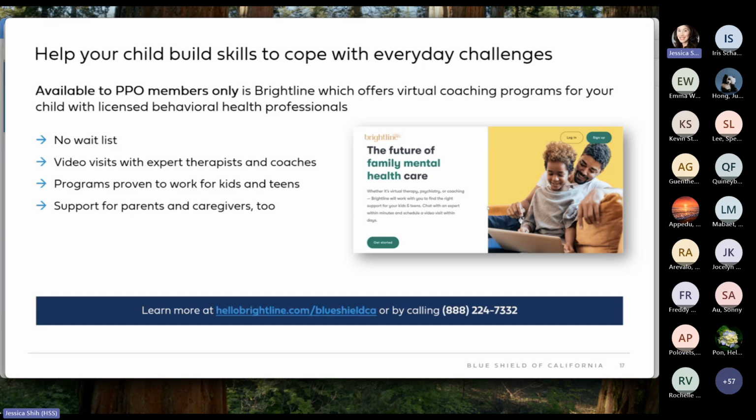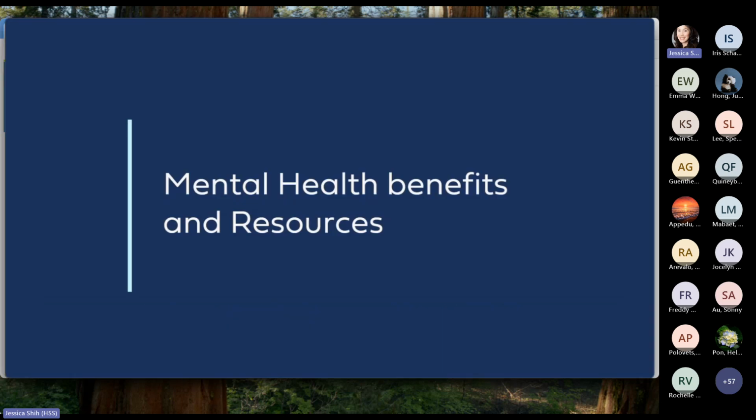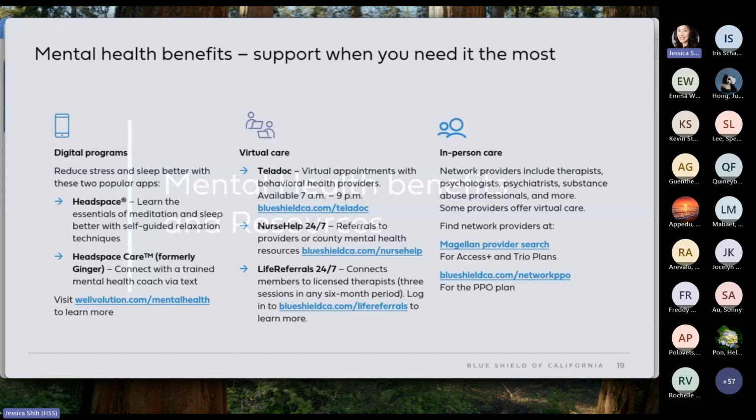Next, let's talk about mental health benefits and resources available to all three plans. Mental health benefits and resources are available via digital programs such as Headspace and Headspace Care, which is formerly Ginger, via Wellvolution, virtual care via Teladoc, Nurse Help 24/7 and Life Referrals 24/7, and in-person care via the Magellan Network for Access Plus and Trio members and the Blue Shield of California Network for the PPO plan.